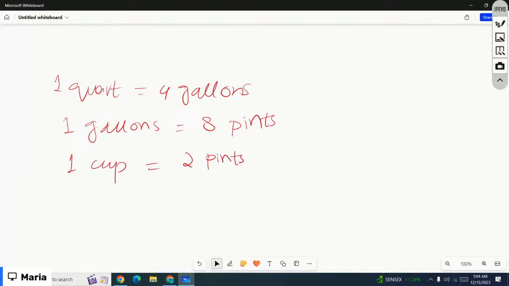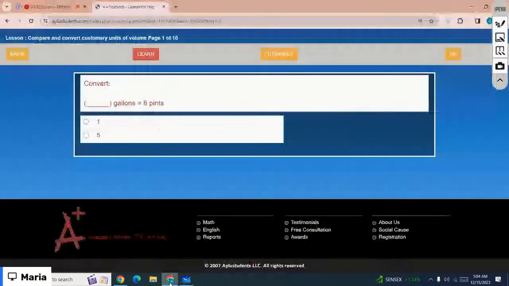Okay, let's start with the test questions. The first one is, how many gallons equal 8 pints? Which is the correct option?